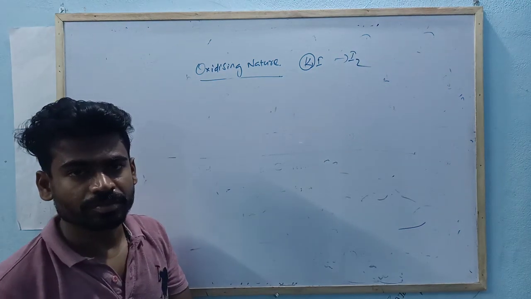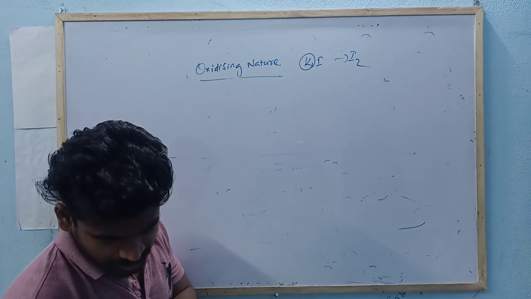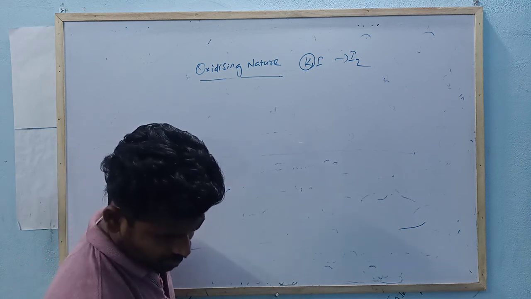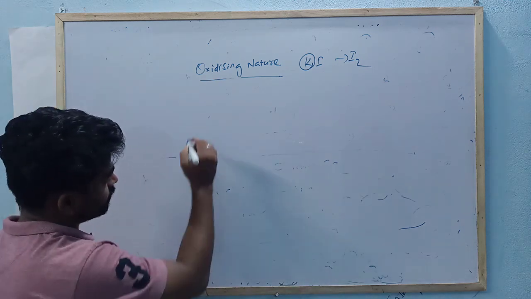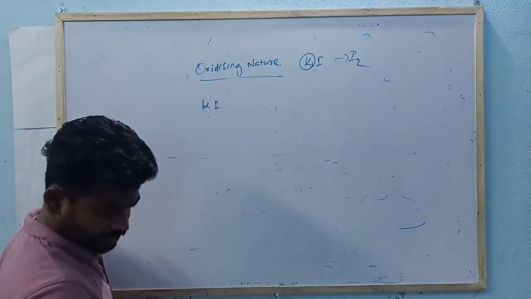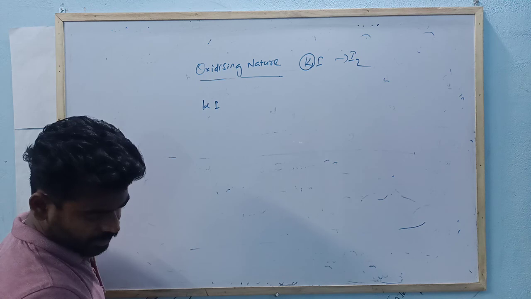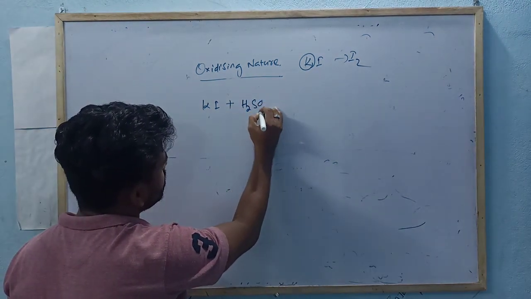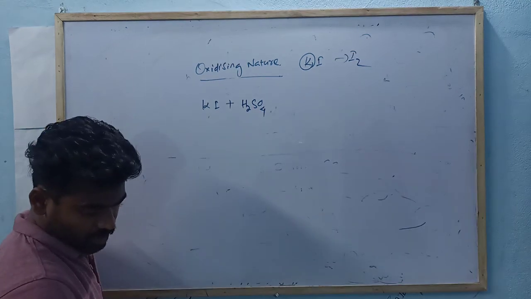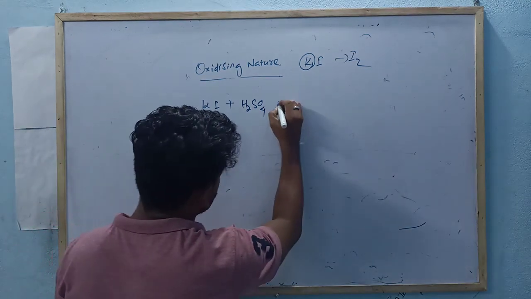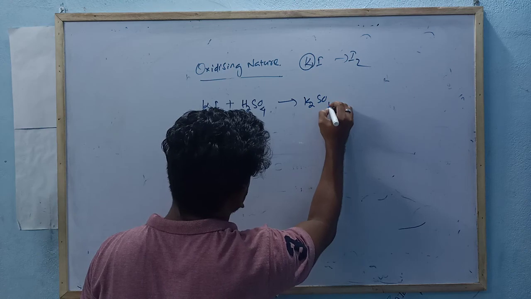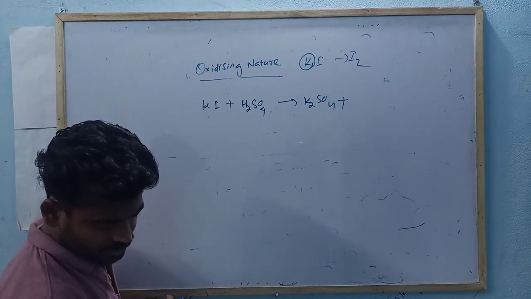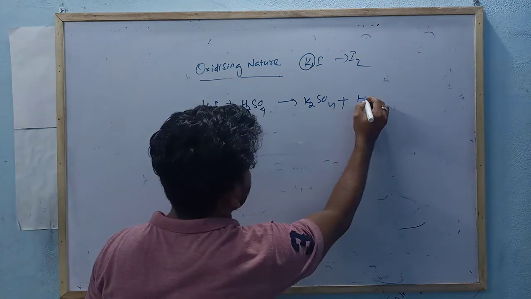With the removal of potassium, the equation can be written like this: potassium iodide KI, acidified with H2SO4, giving rise to K2SO4 plus HI.